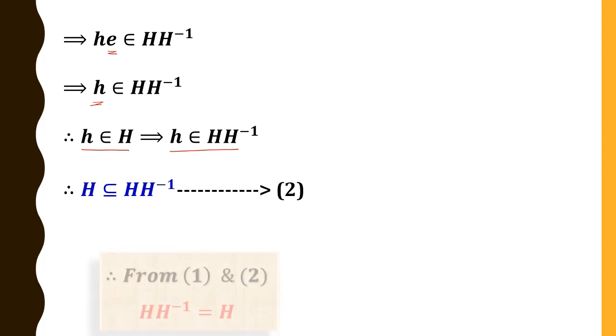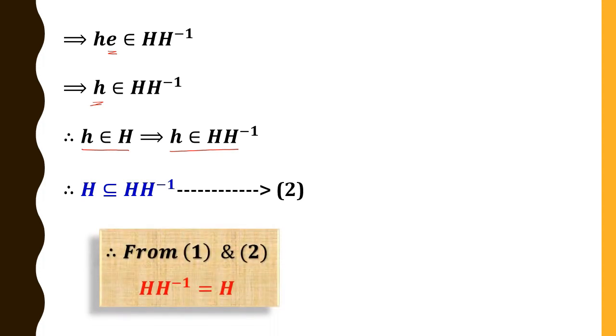So if h belongs to H, we have proved h belongs to HH inverse. Therefore H is a subset of HH inverse. We take this as 2. Therefore, from 1 and 2, since HH inverse is a subset of H and H is a subset of HH inverse, we get HH inverse is equal to H.